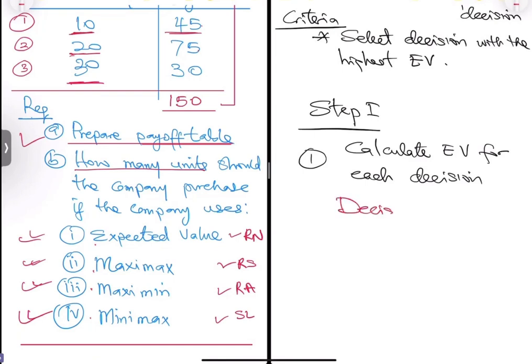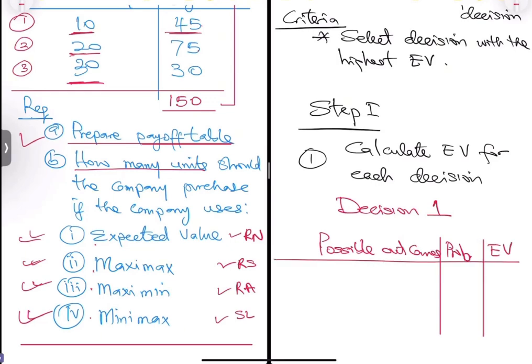For decision 1, you know the possible outcomes and the probability, and you can get the expected value. The possible outcomes are that we're able to sell 10, or 20, or 30. And that gives a profit of 200 in each scenario.